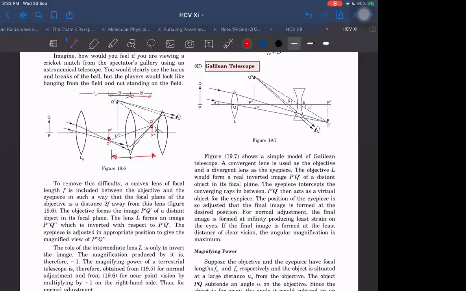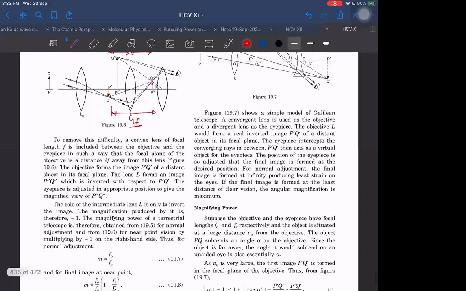Things which are upside down should appear upside down, and those which are erect should appear erect. So this is significant for the terrestrial telescope. This is important, and 2f is important here. This overall causes extra length for the telescope; the telescope will be longer by an additional length of 4f.